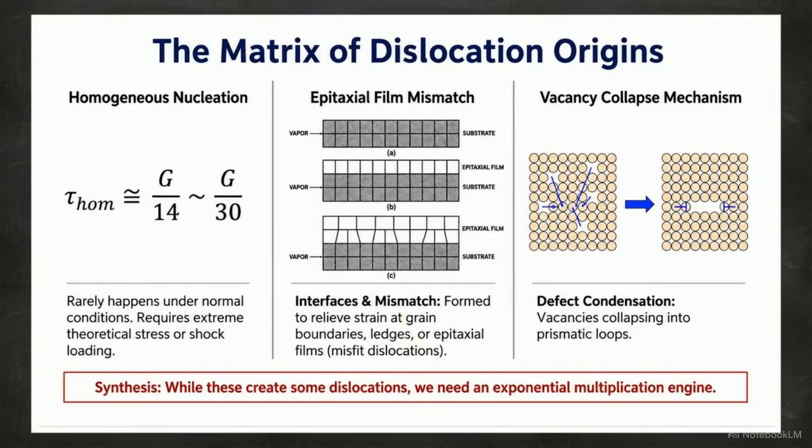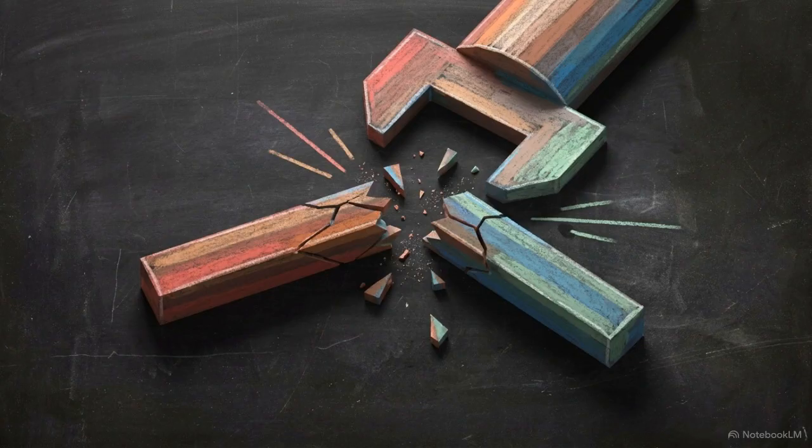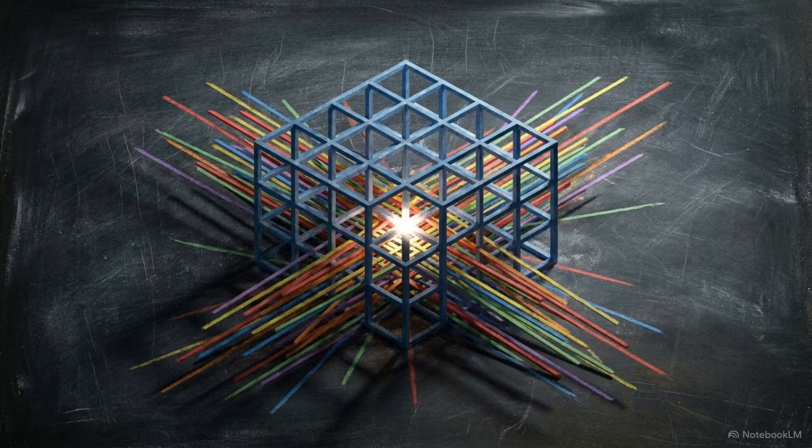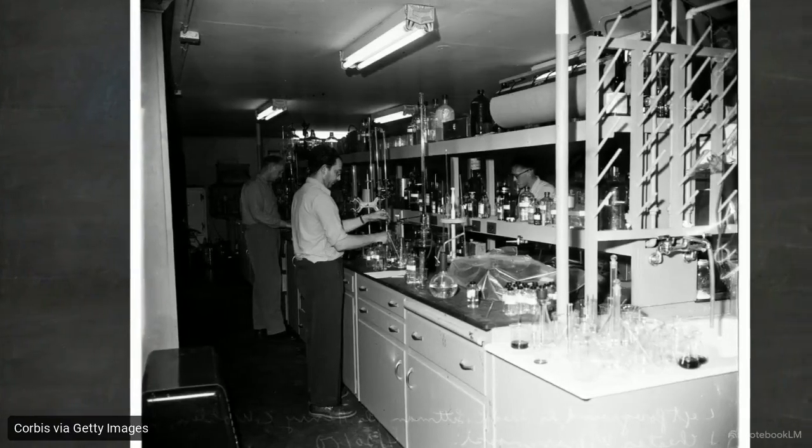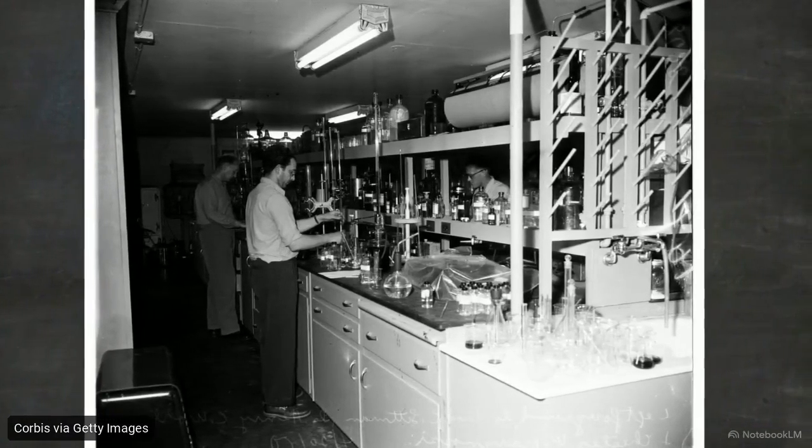They entirely lack the capacity for exponential output. To survive the loading force without catastrophic brittle failure, the metal must contain an internal factory capable of manufacturing millions of defects on demand. The elegant solution to the billion-line paradox was formally identified in 1950.